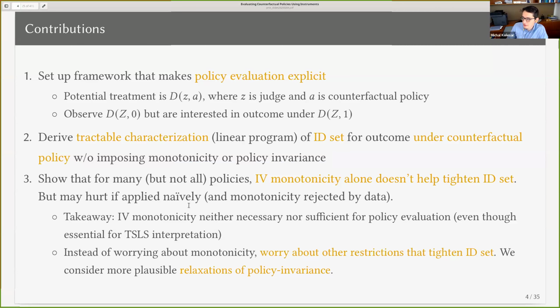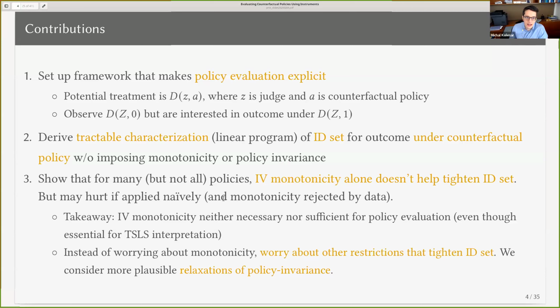And we'll actually show that for many policies, IV monotonicity is not going to be useful for tightening the identified set. In fact, we'll show that if you apply it naively, in the sense that you pretend that monotonicity holds in the data, but it is actually rejected in the data, you may end up with either an empty set, which would be the better case, or otherwise a set that's actually larger than the tight identified set.